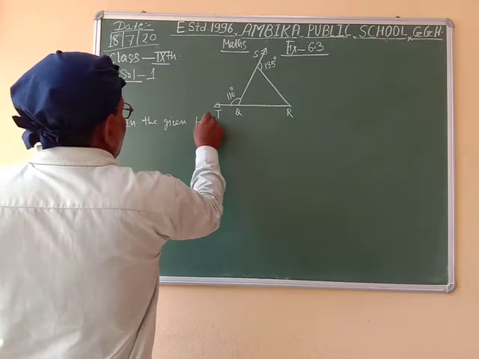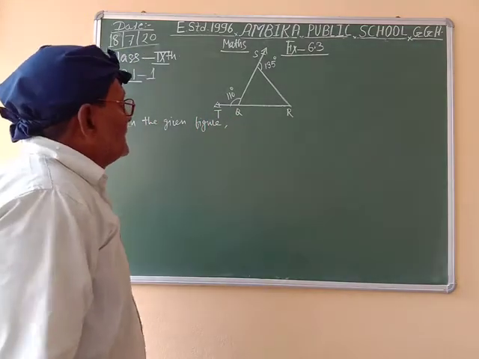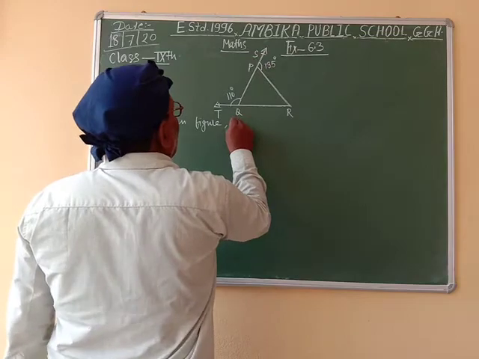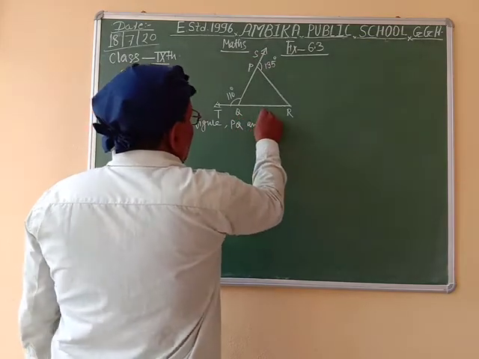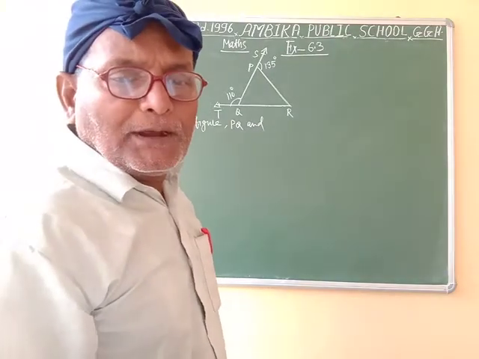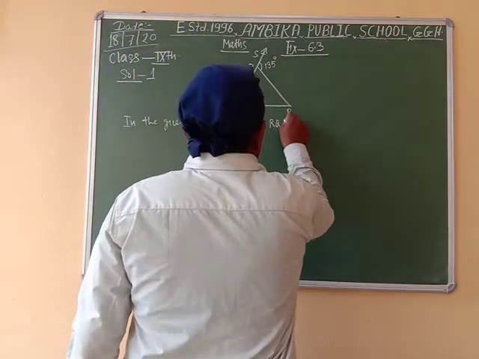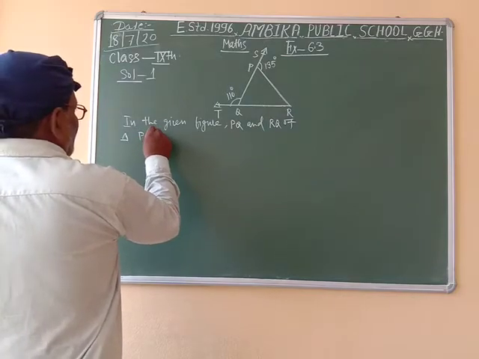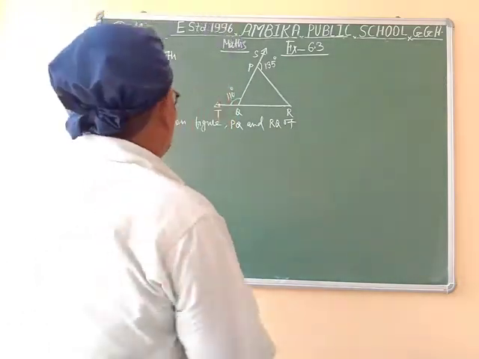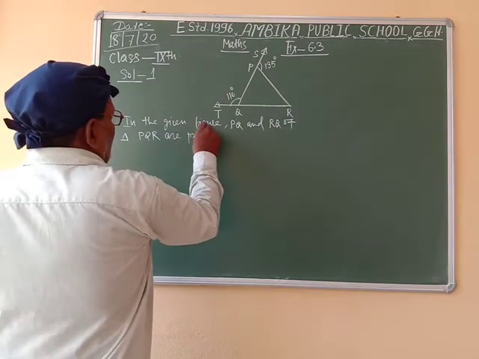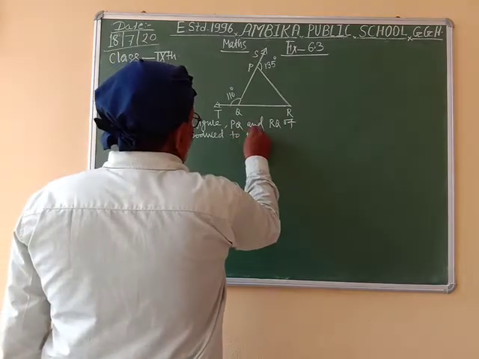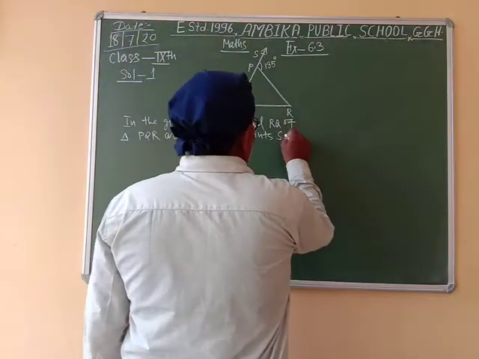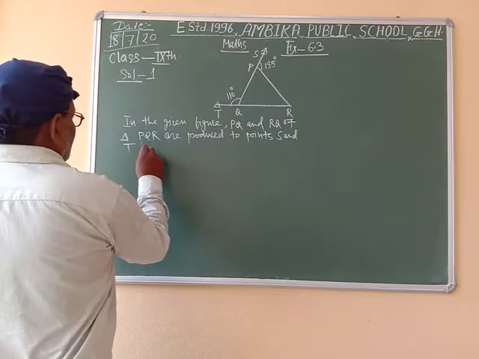In the given figure, PQ and QR of triangle PQR are produced to points S and T respectively.